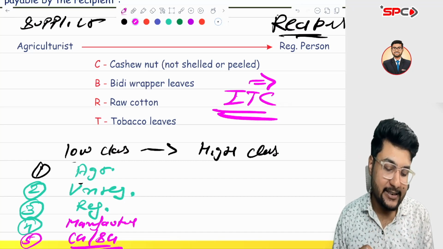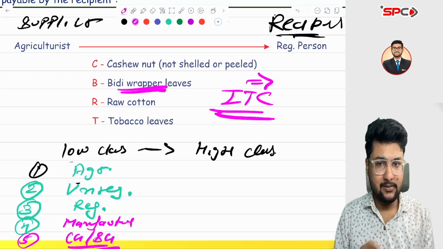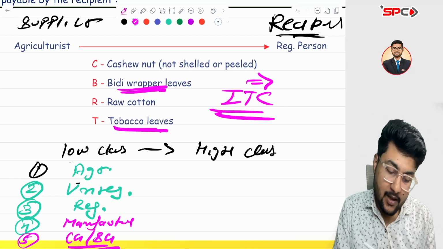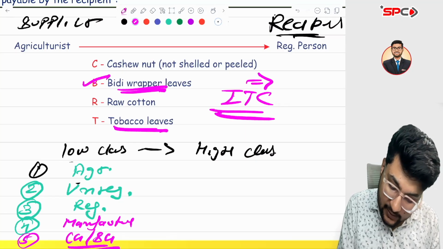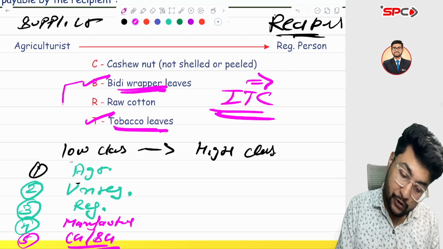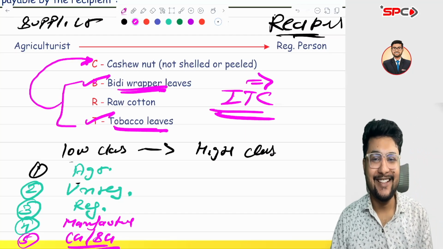As an agriculturist, you are supplying BD wrappers for making BDs, and tobacco leaves for making tobacco. After BD and tobacco, to remove the smell, you eat cashew nut, right?